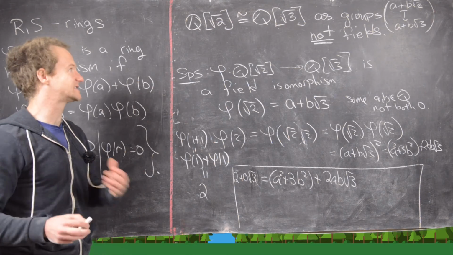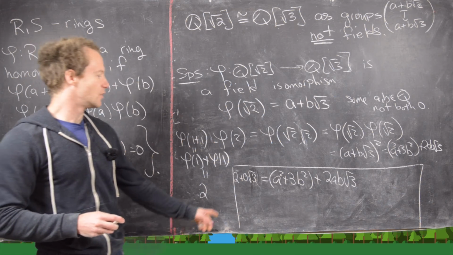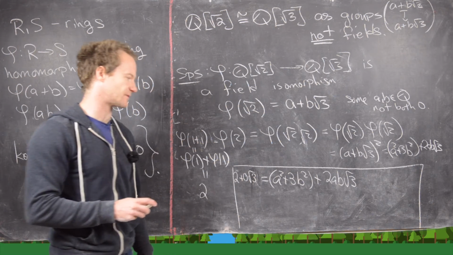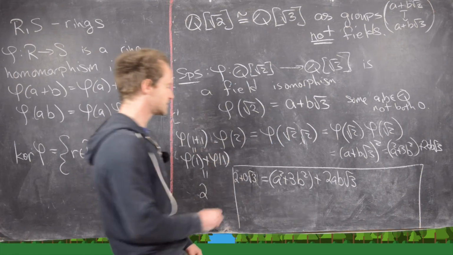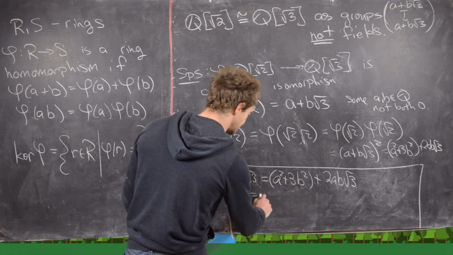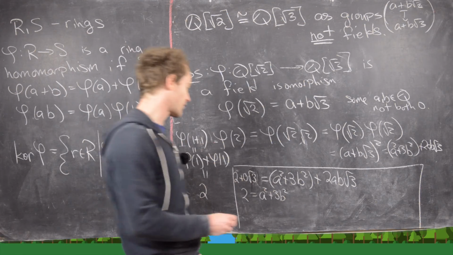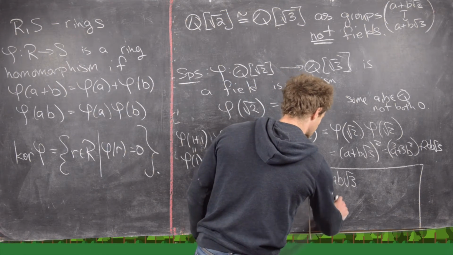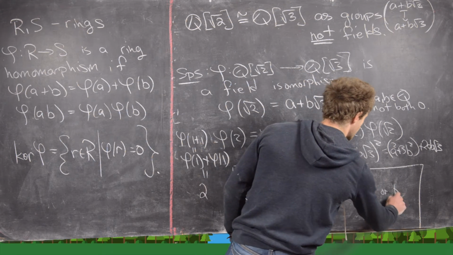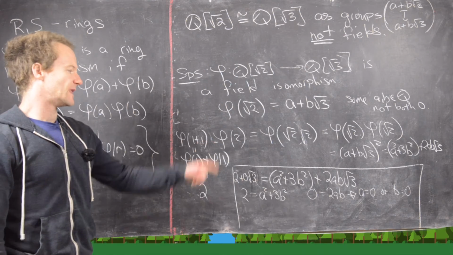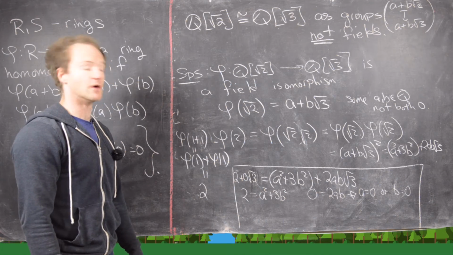And then by the fact that this is really like a vector space over Q, or there are a bunch of ways to think about it, we know that the coefficients of just the rational numbers on either side need to be equal, and the coefficients of root 3 on either side need to be equal. So that tells us that 2 needs to be equal to a squared plus 3b squared. And furthermore, 0 needs to be equal to 2ab. In other words, a equals 0 or b equals 0. Now, I'm actually going to erase the board, bring that to the top, and then we'll continue on.